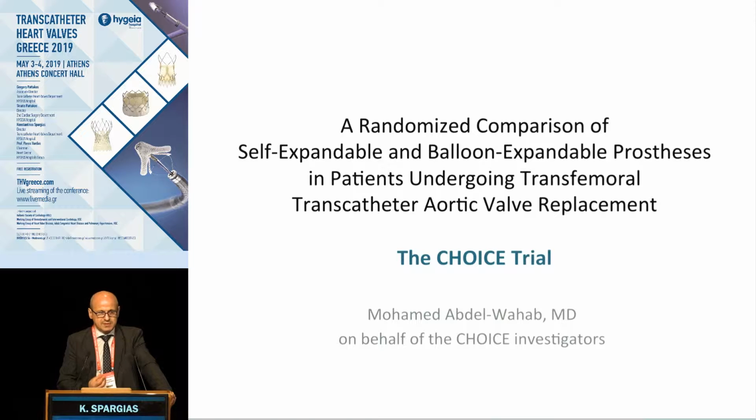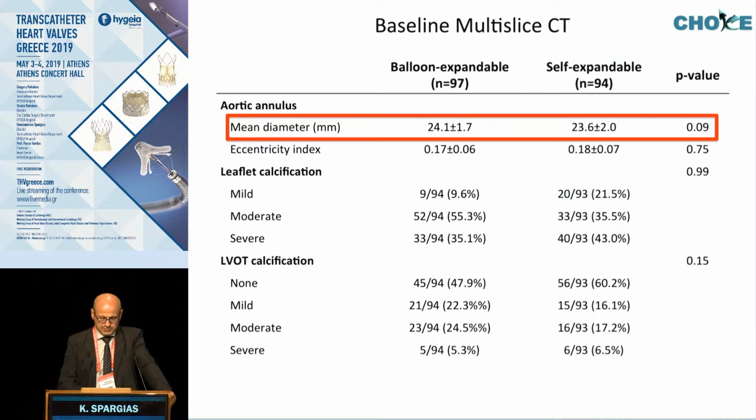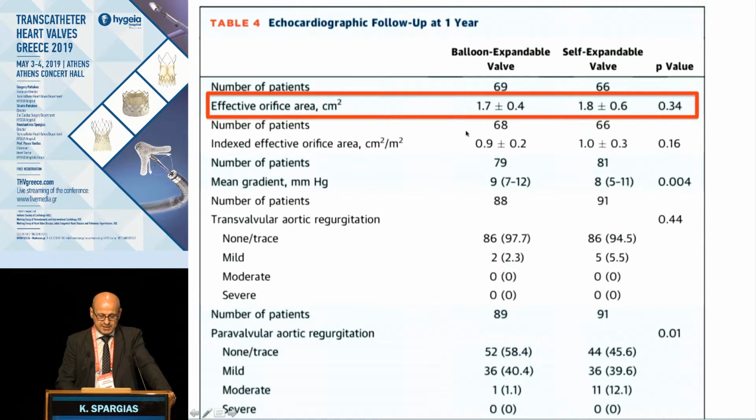But all these data are coming from non-randomized comparisons between the two. The only randomized comparison between the two comes from the older CHOICE trial from Germany, where they randomized 250 patients between SAPIEN and Evolut valves, and you can see the dimensions of the diameters were exactly the same, no difference, and the effective orifice area after implantation of the valves was also exactly the same.